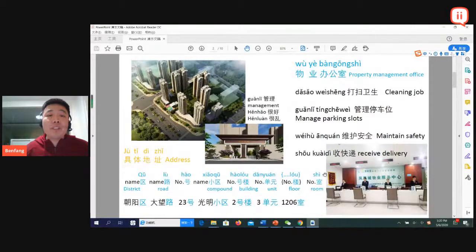And the room number is 室。We say the number plus 室。在这儿这个例子里面是2号楼3单元1206室，1206室。The number 2 building, unit 3, and the room of 1206. In Chinese, we have to tell the room number by digits.